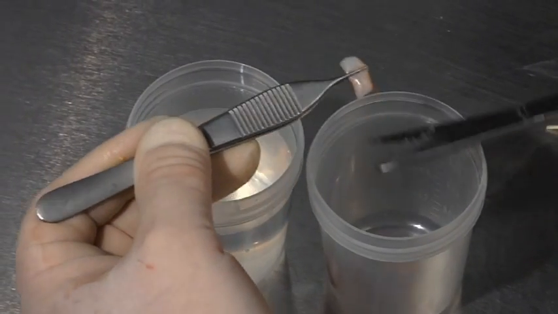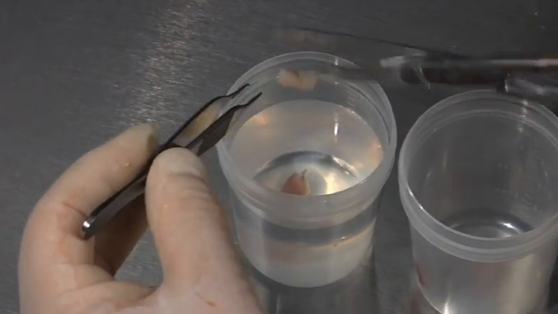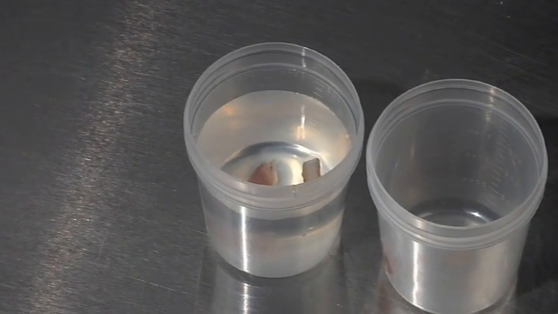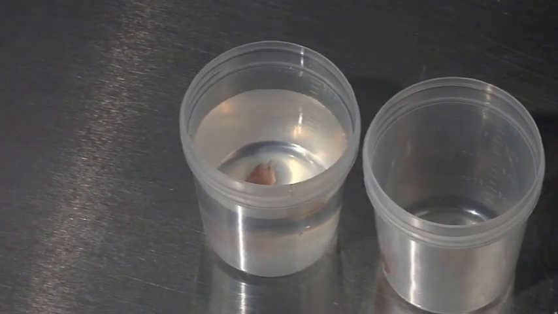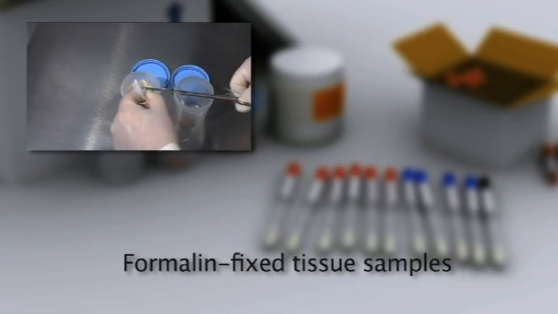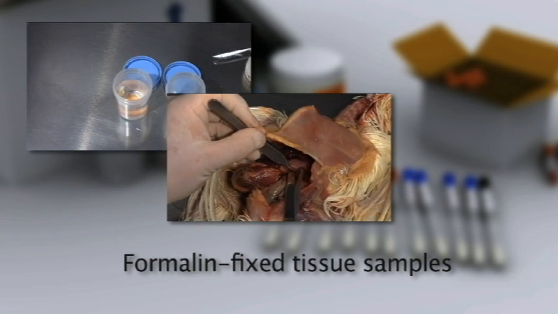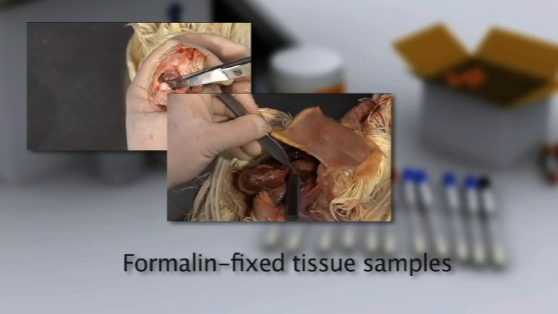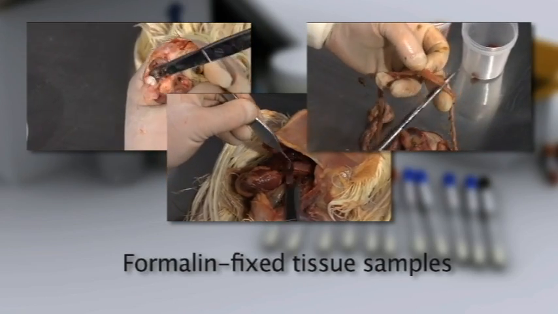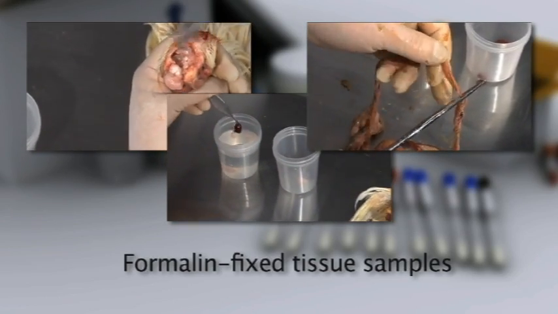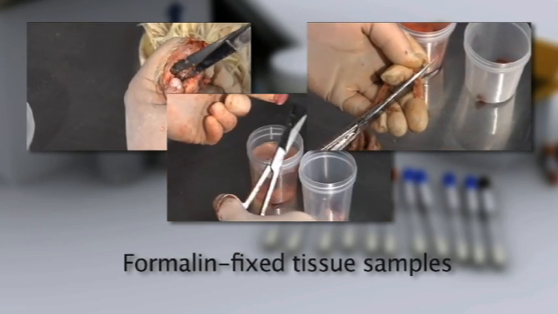A second set of tissue samples should also be collected and fixed in 10% formalin for histopathology. These may include comb, skin, brain, trachea, liver, spleen, lungs, kidneys, bursa of Fabricius, cecal tonsils, intestine, muscle, eyes, and bones.